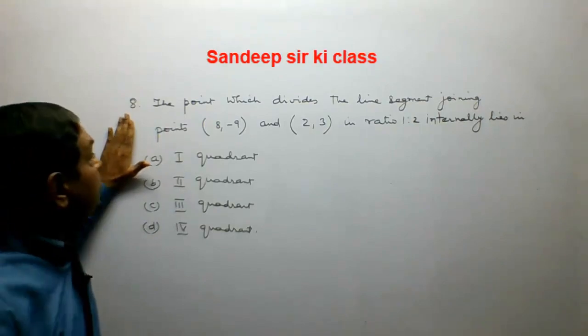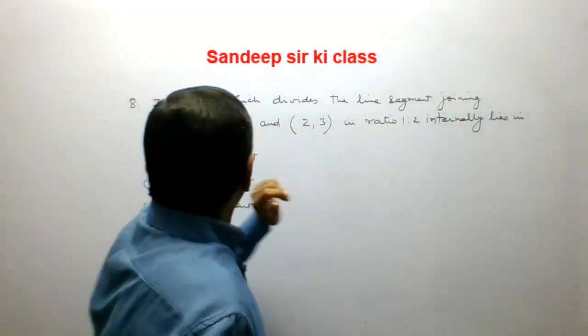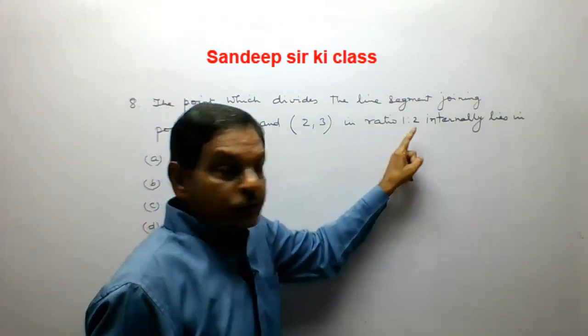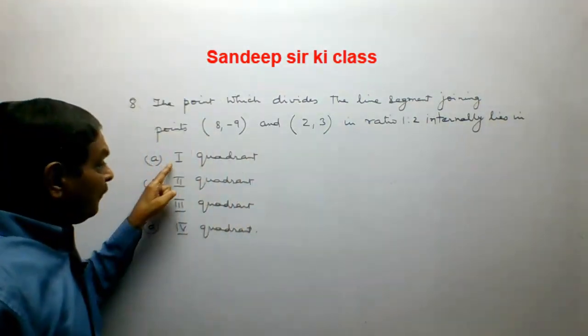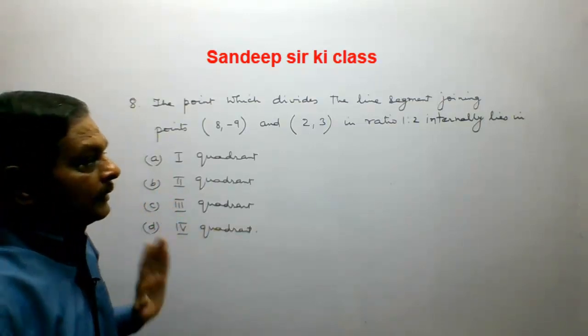Question number 8. The point which divides the line segment joining points 8, minus 9 and 2, 3 in ratio 1:2 internally lies in. Options are first quadrant, second quadrant, third quadrant or fourth quadrant.